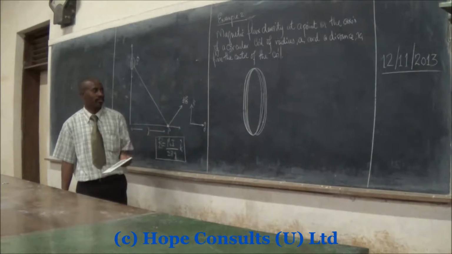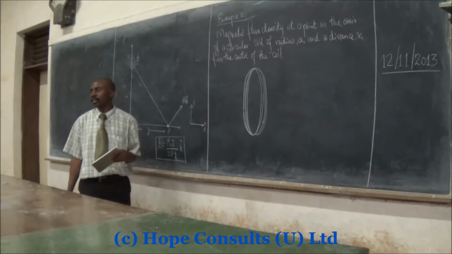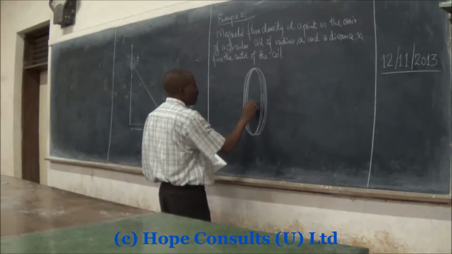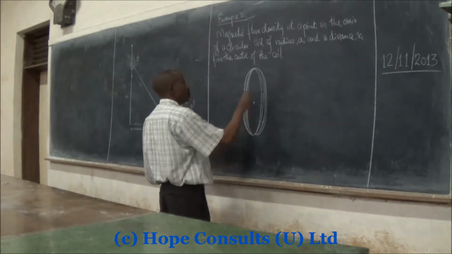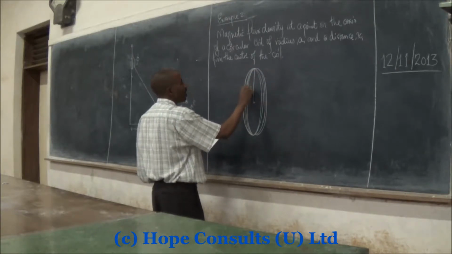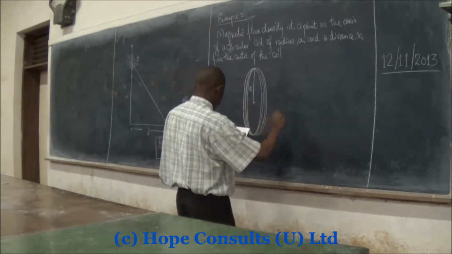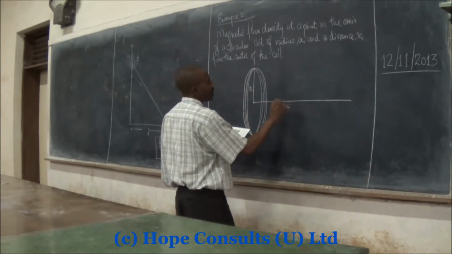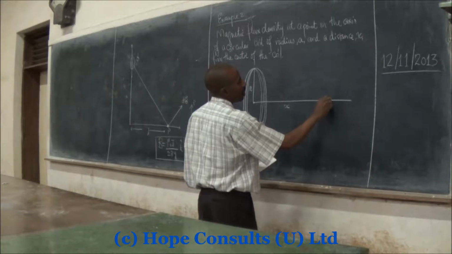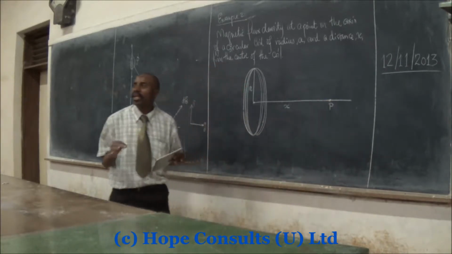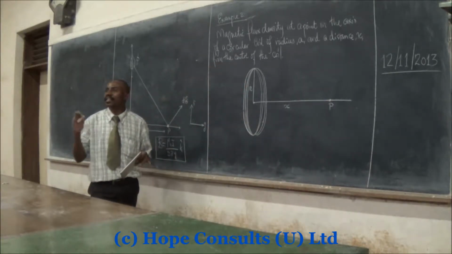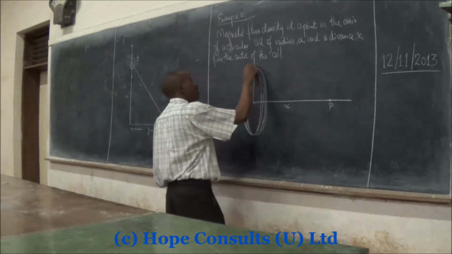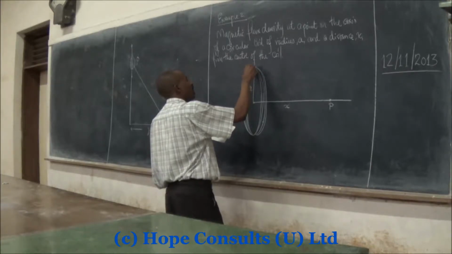Could have more than 4, we have 4 strands, but we can take as many as possible. So this is the center, and it is of radius A, and then we have its axis, along its axis, a distance x from the point P where an electromagnetic flux density is felt, and that flux density felt here is due to an elemental part of the coil.